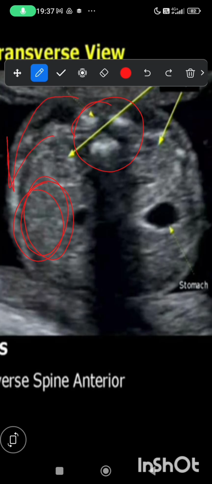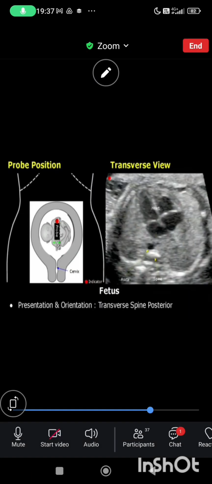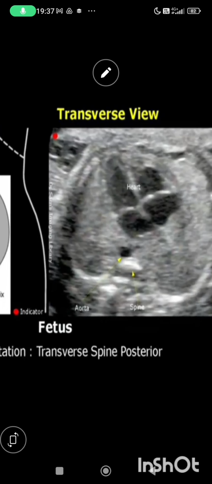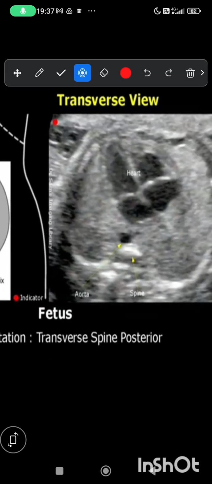So this relationship, this anti-clockwise, is normal for transverse head toward maternal left. And the same rule applies for the relationship between the spine and the heart. So when we match spine and the heart apex, you can see clockwise, then it tells us the lie is transverse head toward maternal right side.